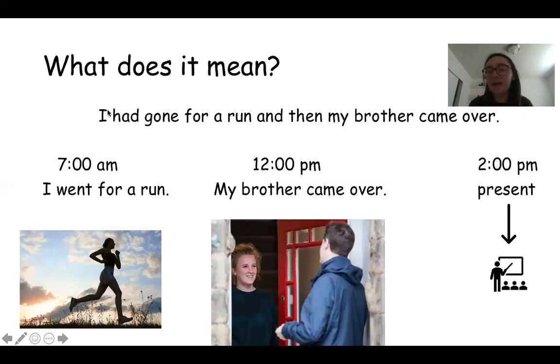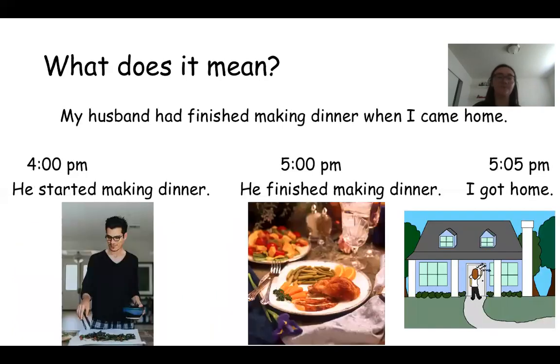When we use had and the special past verb, it tells people that this action happened first, and then the next thing happened. But instead of saying, I went for a run first, then my brother came over, you would say, I had gone for a run and my brother came over. So that's saying, I had gone for a run, this thing happened first, and then my brother came over, and that it all happened in the past.